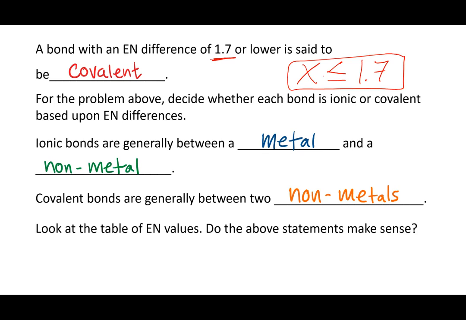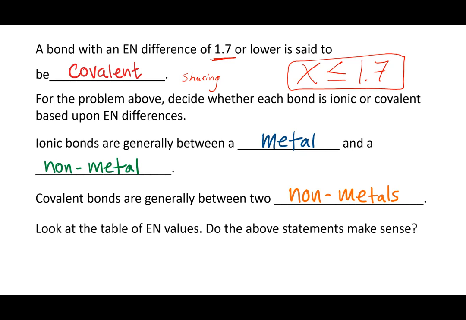If it's below or equal to 1.7, it's said to be covalent. And covalent means the sharing. So it's sharing electrons. For the problem above, decide whether each bond is ionic or covalent based upon the electronegativity differences.